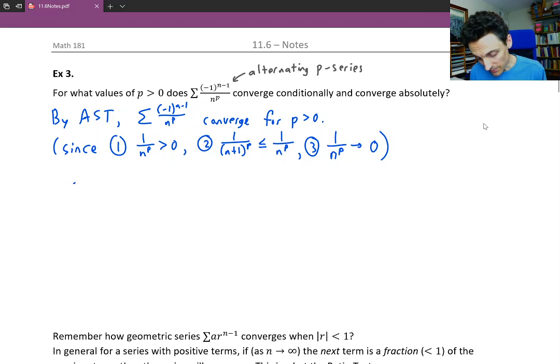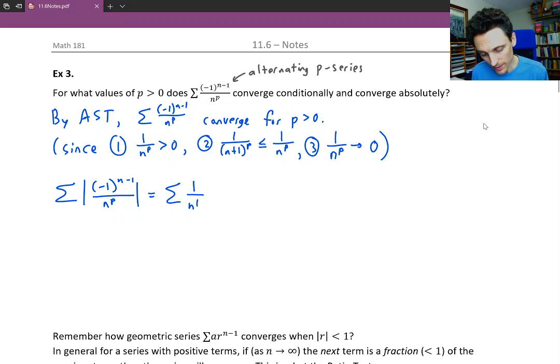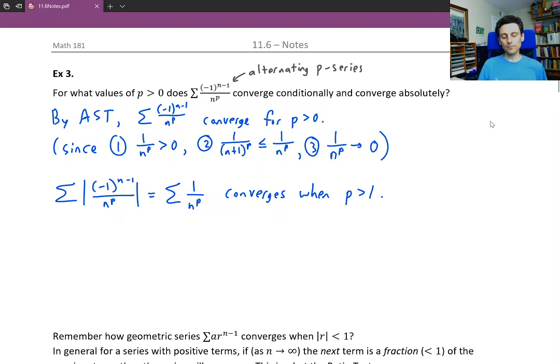So if we put the absolute value bars on, that strips away the alternation. So we just get 1 over n to the p. And that's just a regular p series. We know where that converges. That converges when p is greater than 1. Right?